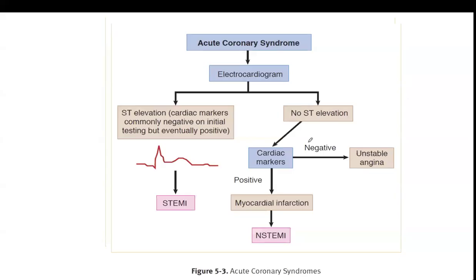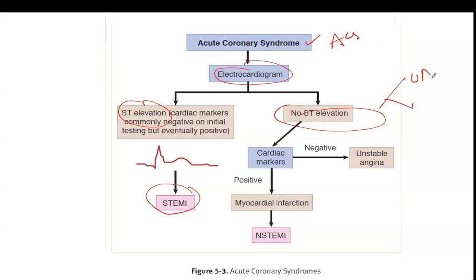Now, we have found a patient who has acute coronary syndrome. It fulfills the criteria. What's next? We do an ECG. The ECG, if it shows ST elevation, then we can say it is ST elevated MI, straight away. But let's say no ST elevation. Then, if there is no ST elevation, it is either unstable angina or it is non-ST elevated MI.